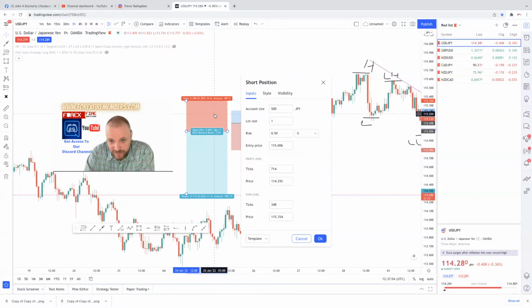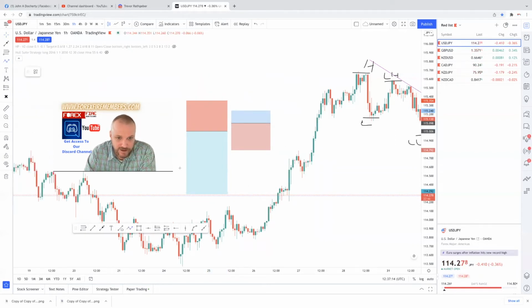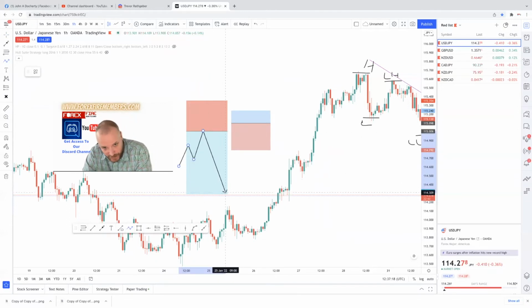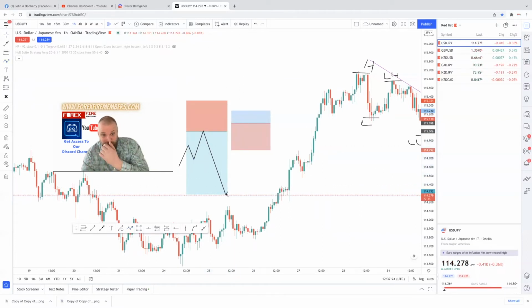As they're going into these areas. But from that aspect, if this was to win, let's say price comes in, it moves, enters, and we come down and bang, we hit the area of the take profit.